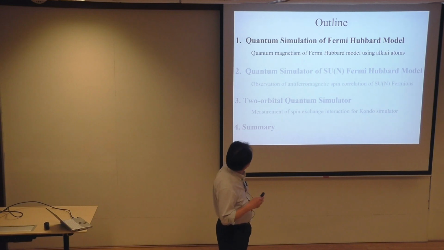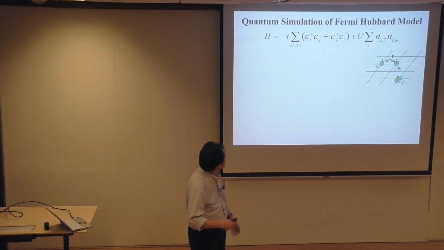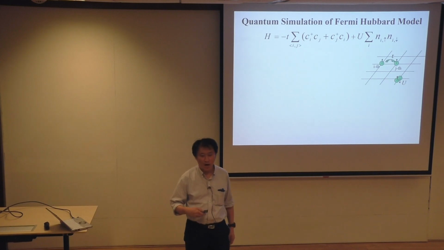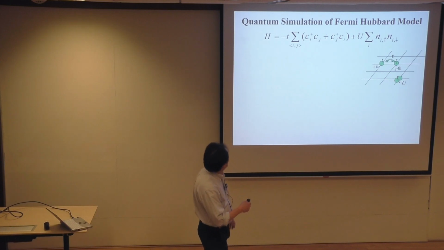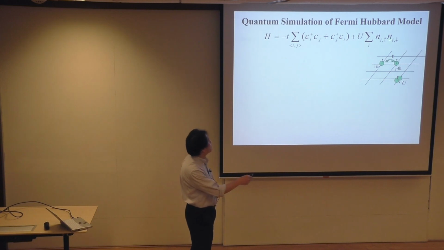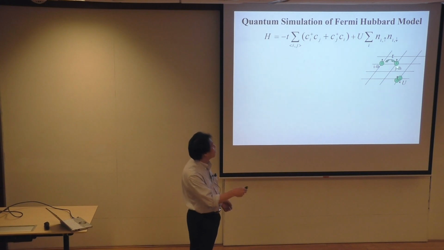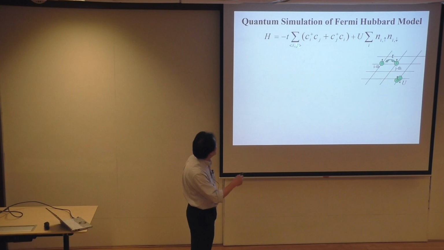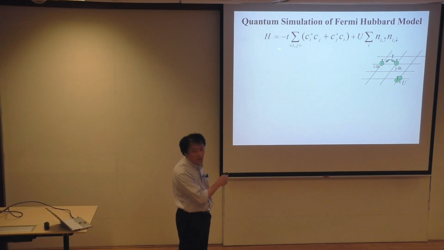Okay, the first part of my talk is a brief introduction of the quantum simulation of the Fermi Hubbard model. The Fermi Hubbard Hamiltonian is written like this. The first term describes the hopping between adjacent lattice sites and is characterized by the hopping energy t.